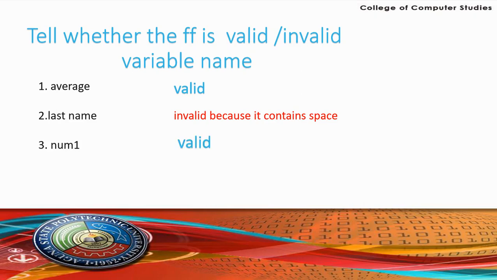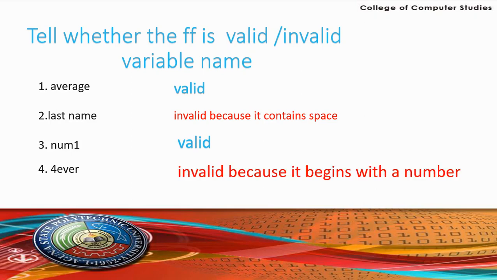Yes, it's valid. 4ever. It's invalid. Not because you don't believe in forever, but it begins with a number. So a variable name must begin with a letter. Okay? And this one, int, it's invalid, right? Because it is a keyword.